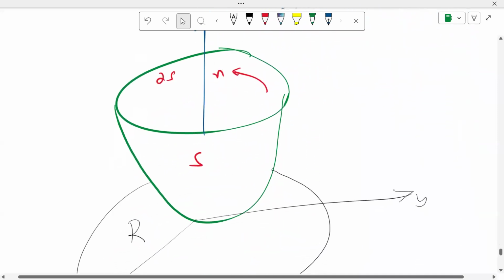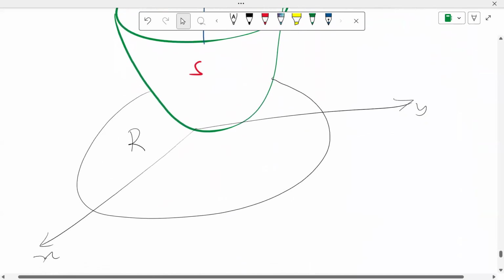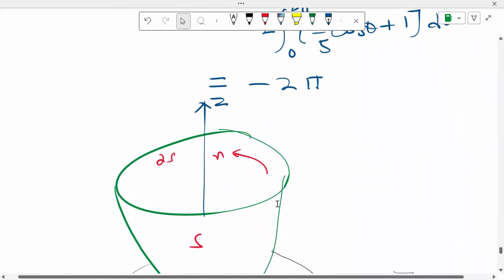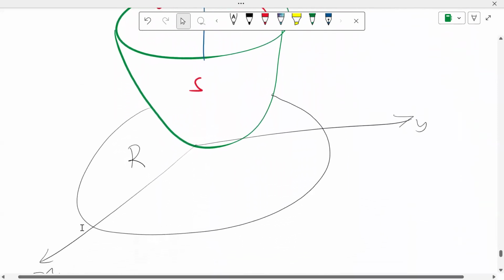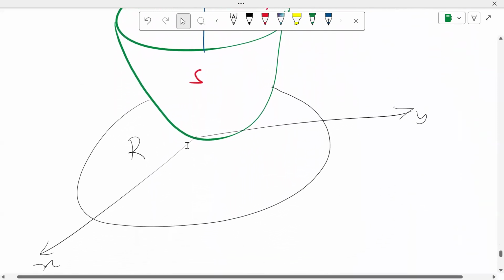So this is the diagram, the sketch of the diagram. So our z axis, our x axis, and then our y, and this region.